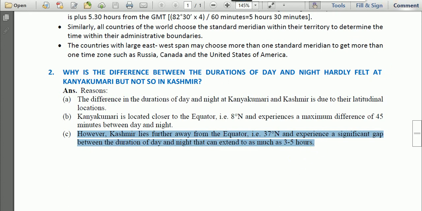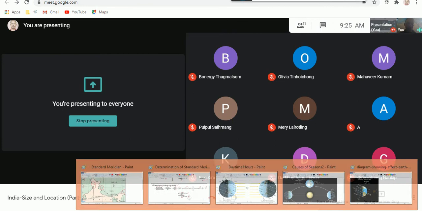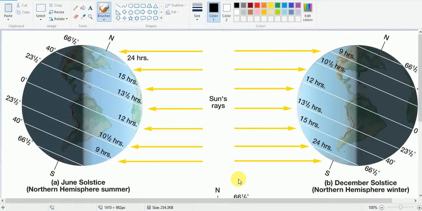And about the explanation, let us see this diagram.